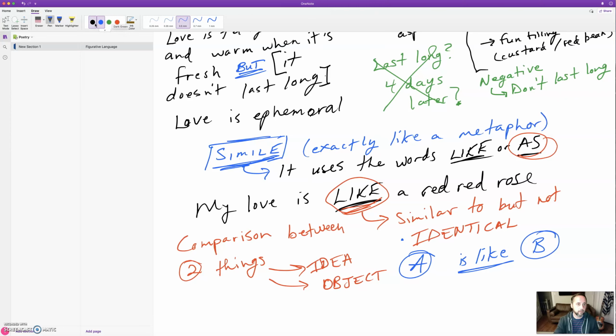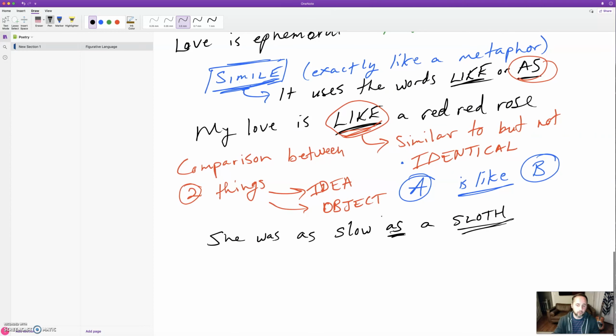We could say something like, she was as slow as, there's as, a sloth. Okay, a sloth is a super, super slow creature. It just hangs around in trees most of the day, and so on.